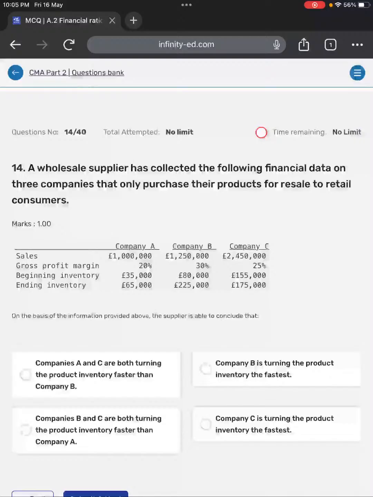Company A and Company C both are turning the product inventory faster than B. This is correct.